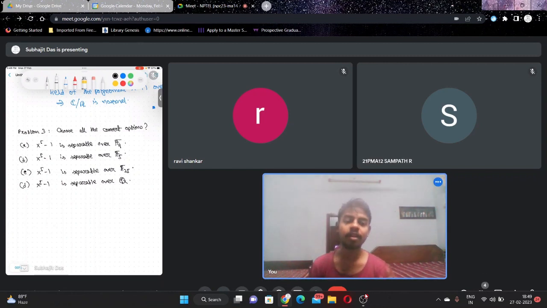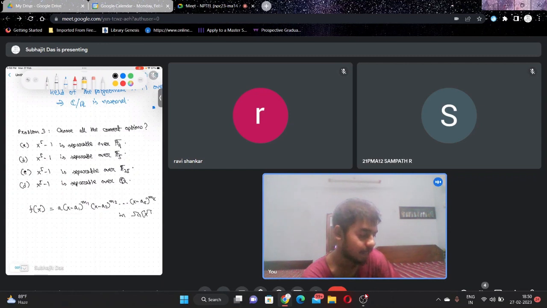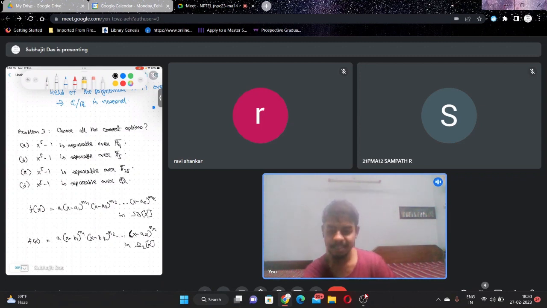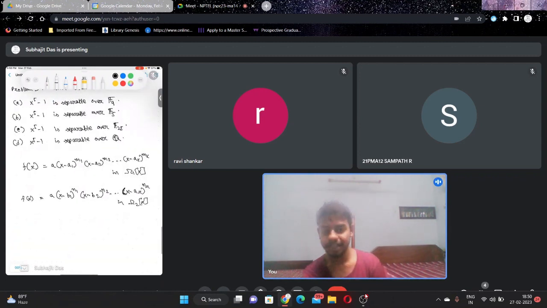That can't happen. If f(x) factors in some extension as (x minus a1) to the power m1, (x minus a2) to the power m2, and so on up to (x minus ak) to the power mk in Omega 1, and suppose f(x) factors as a times (x minus b1) to the power n1, (x minus b2) to the power n2, and so on up to (x minus br) to the power nr in Omega 2, the factorization has to be the same.